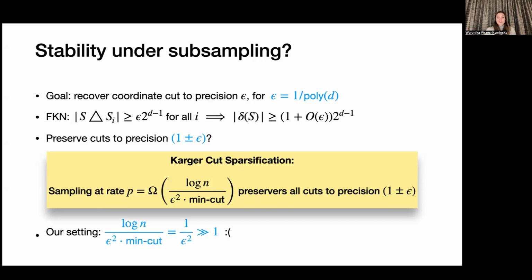Well, for us, log n is equal to d, and the min cut is also equal to d. So in our setting, the theorem only applies with a sampling rate which is higher than 1. So we can't use that.